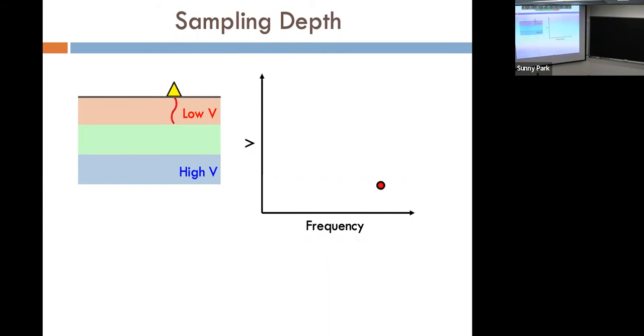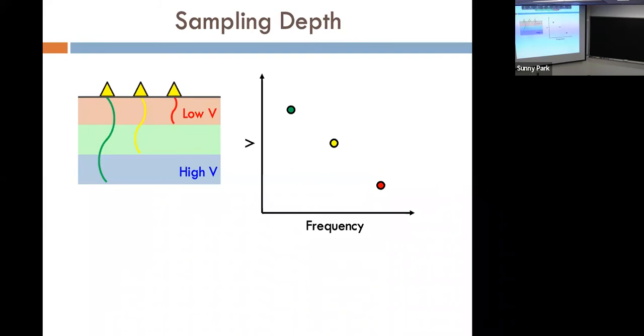Then we would expect the velocity of the top layer to be recovered from this method. Now you can lower the frequency, or make the wavelength longer, so that it samples both of the layers. Then we would get some kind of average between the first and second layer, and a value higher than the red value. You can go even lower in frequency, and then we would probably get a higher velocity here.